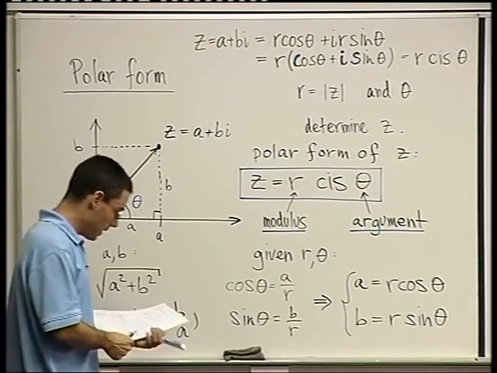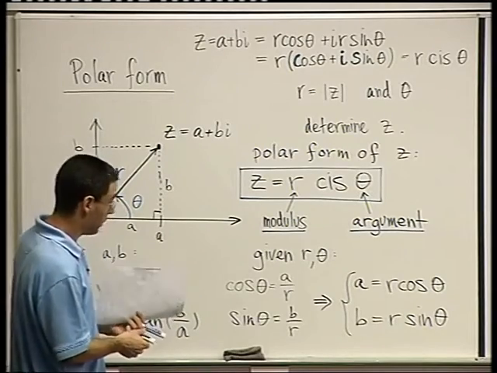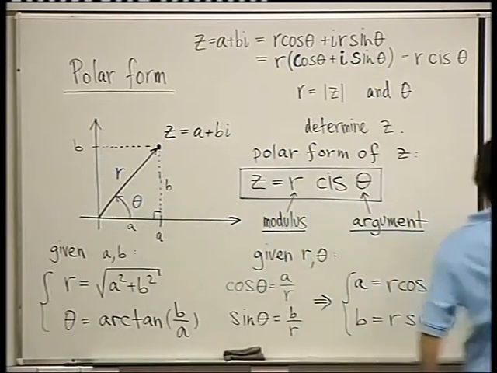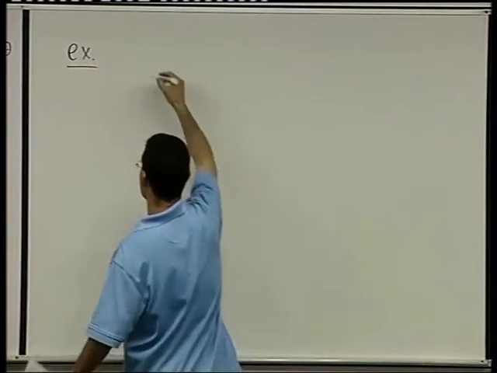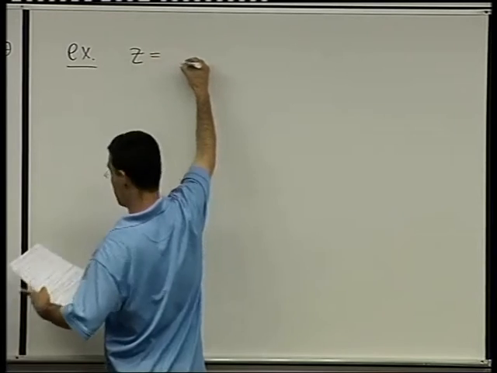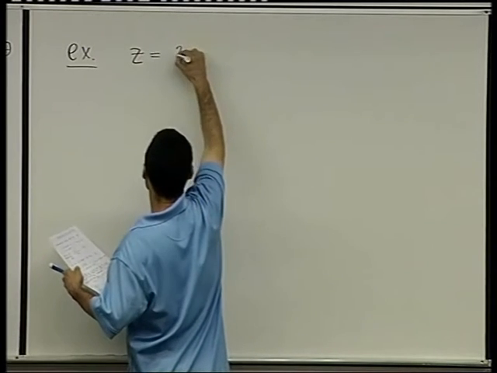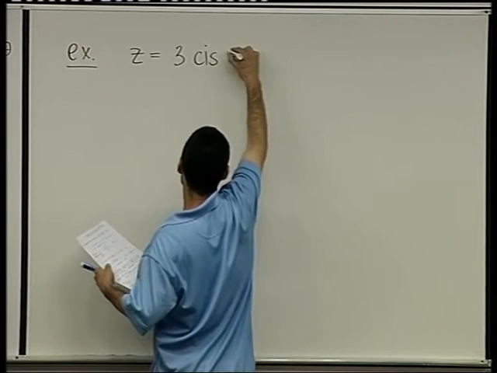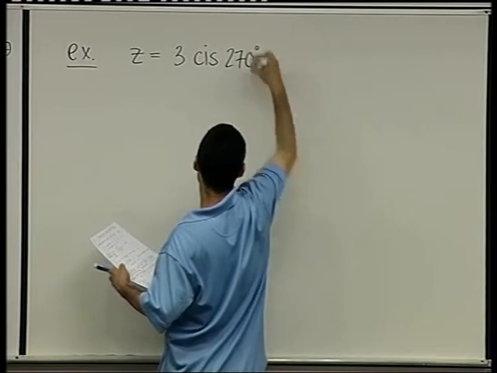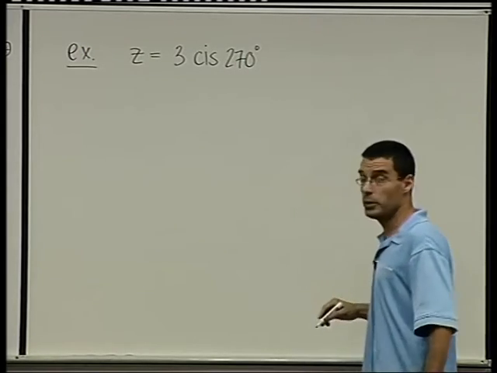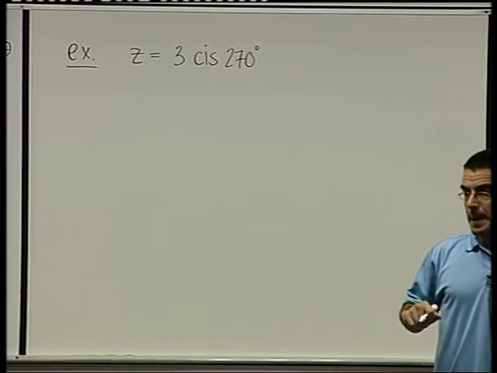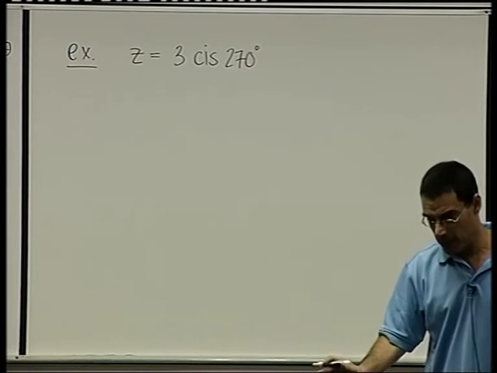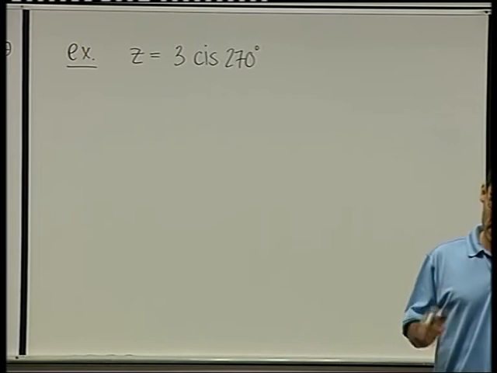So let's do a couple of examples. Suppose we have the number z equals 3 cis of 270 degrees. By the way, you can either work in degrees or you can work in radians. It is much better to get used to working in radians.